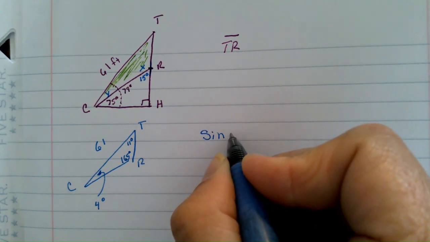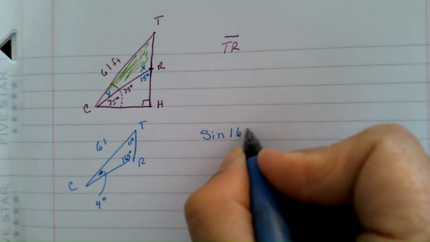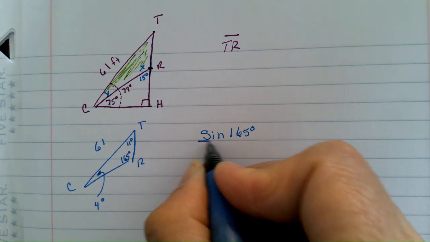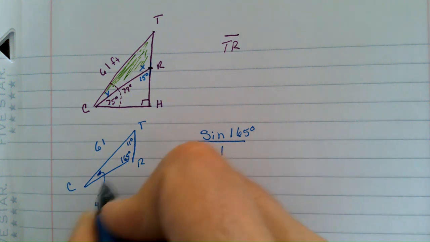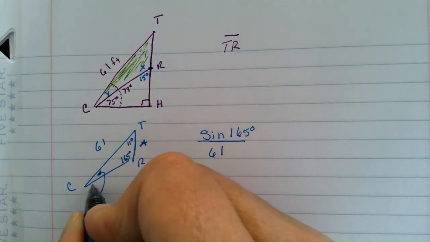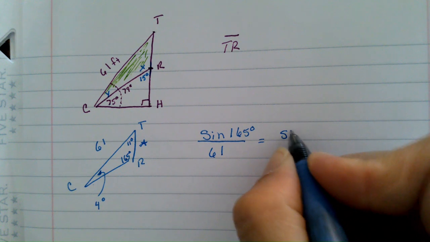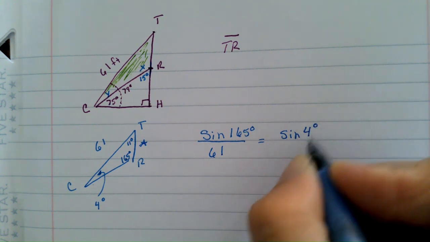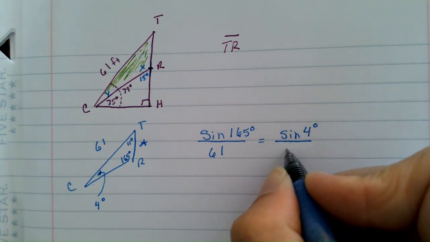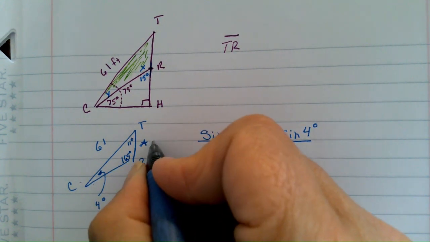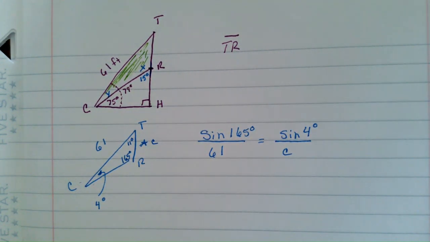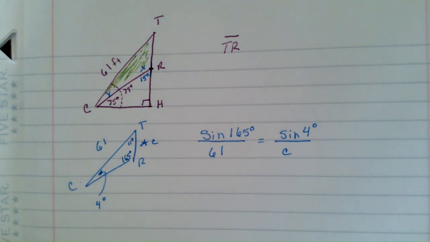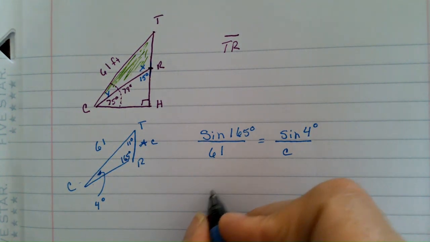So sine of 165 goes with 61 feet. And since we want to know this, we're going to use the 4. And I'm going to use C because that's opposite of the C. Okay, now we have a proportion. Let's cross product.